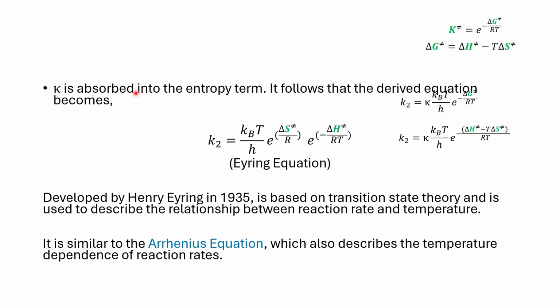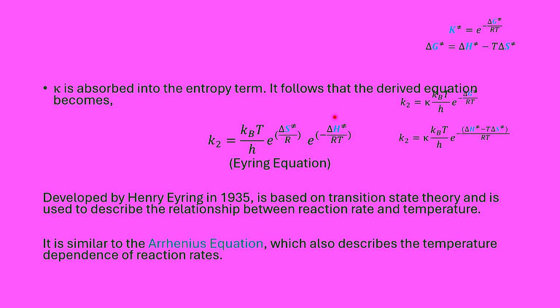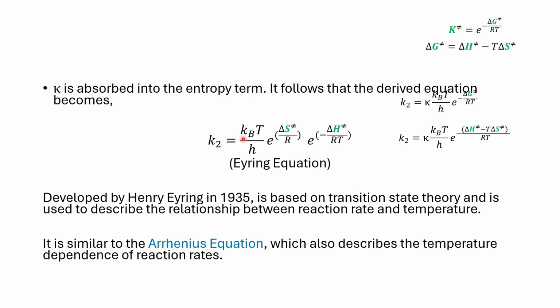To summarize the thermodynamic form of the Eyring equation, we substitute the breakdown of delta G for the activated complex into the rate equation. Delta G equals delta H minus T delta S, and we can substitute it into the delta G in the rate equation, which results in this expression.